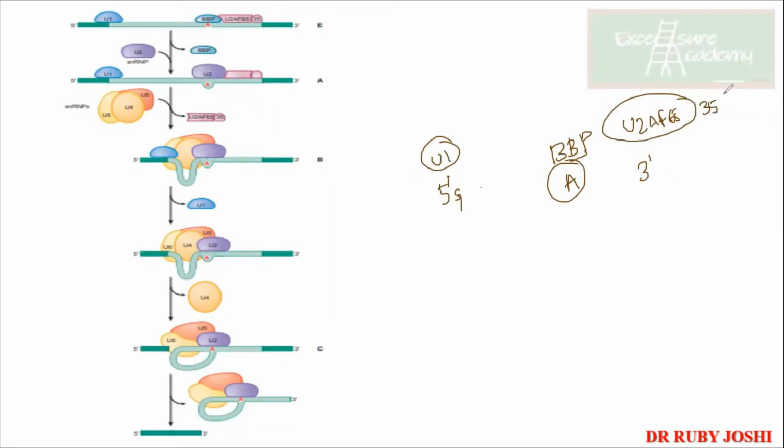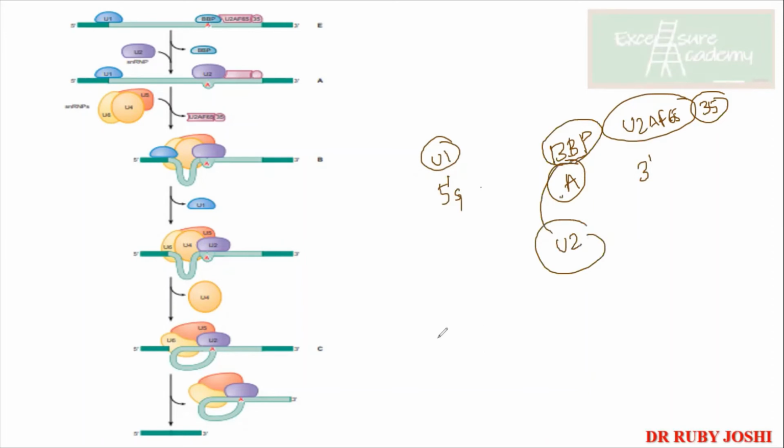And then you have got the 35. Okay. Now, next. So we know that this branch point binding protein is ensuring that this A gets protruded out so that it becomes available for the attack. Okay. And once this is being done, this is replaced by your U2. So U2 will come and bind over there.